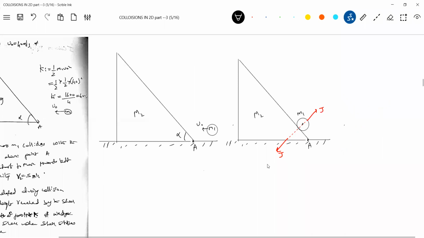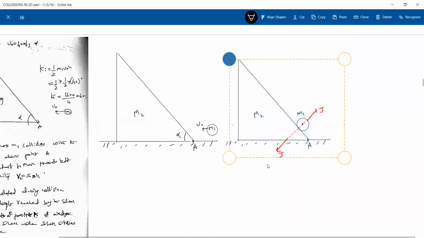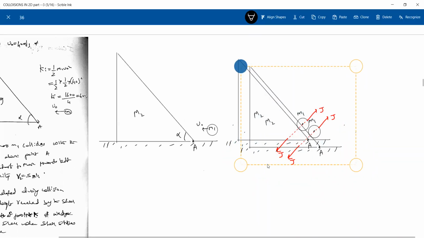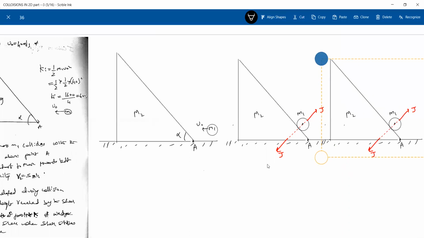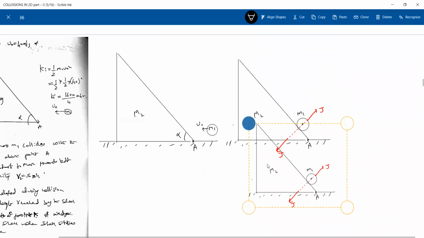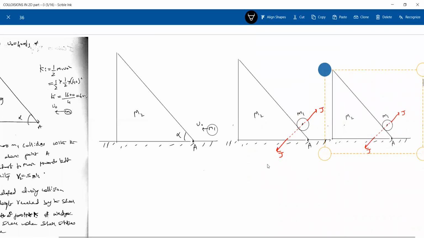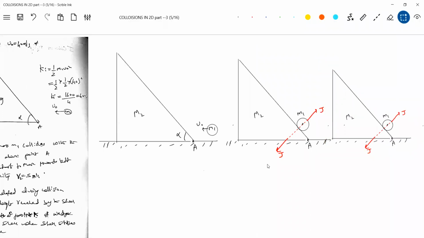Yes, I can draw the diagram. How will the wedge move? Because of the impulse acted, the wedge will acquire velocity v2, which is given. How about the ball?